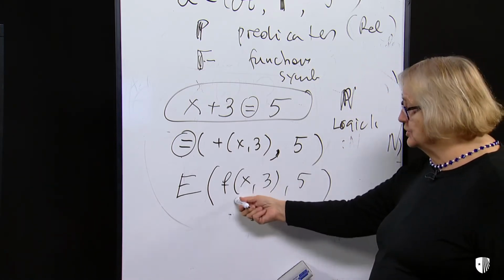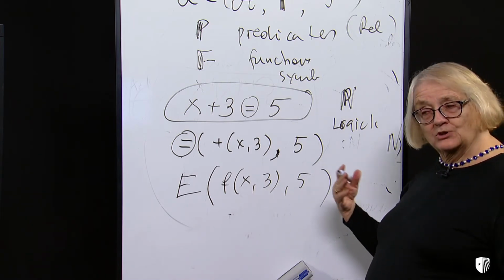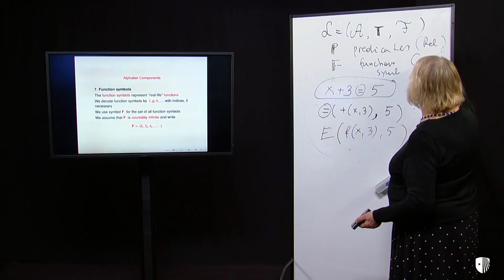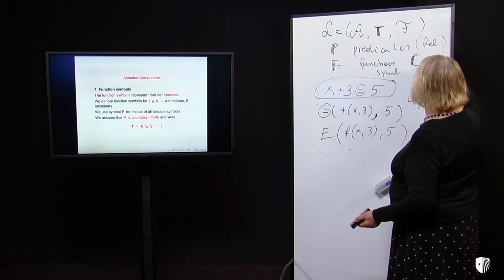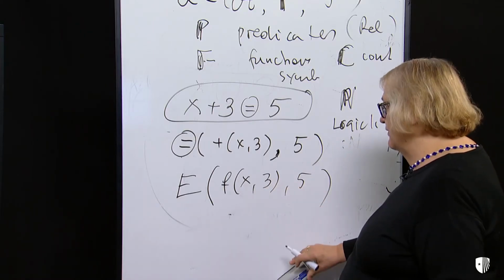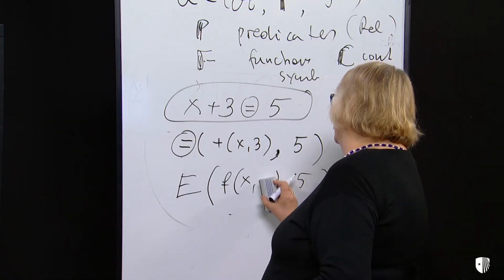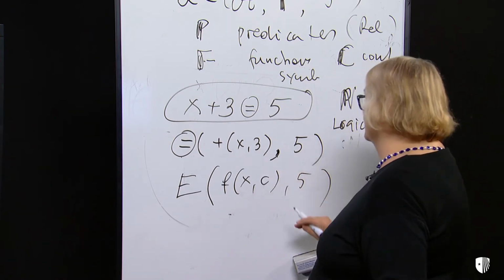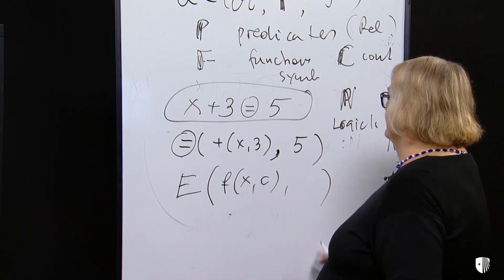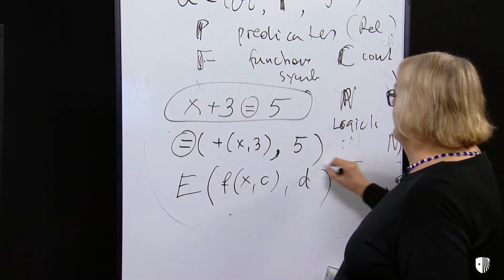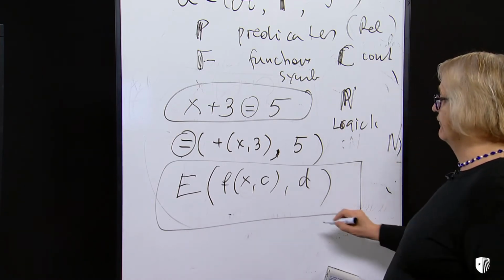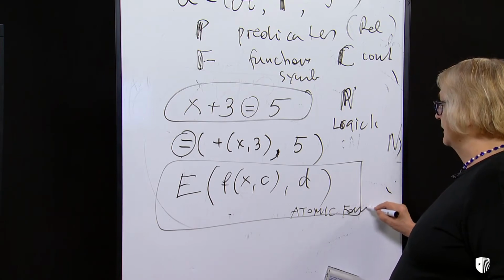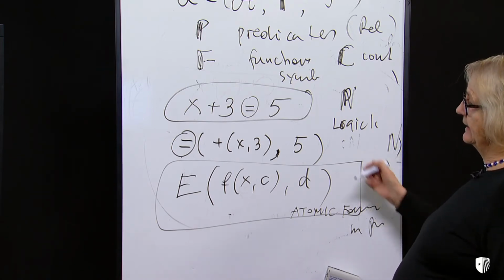So we are almost in predicate language, but in our predicate language you don't have numbers, you have constants. So the number 3 in our predicate language would be, for example, constant c, and the number 5 would be another constant d, and that would again be a formula which is called an atomic formula in predicate language.